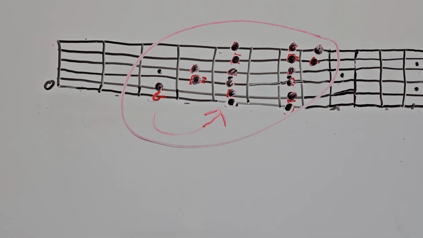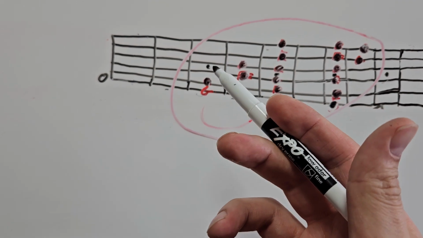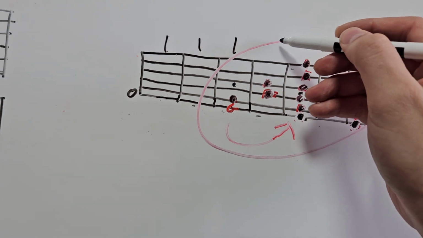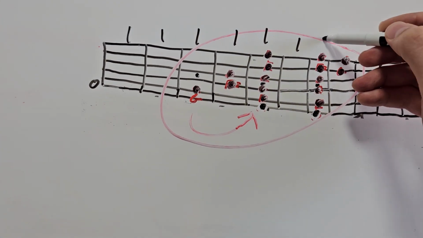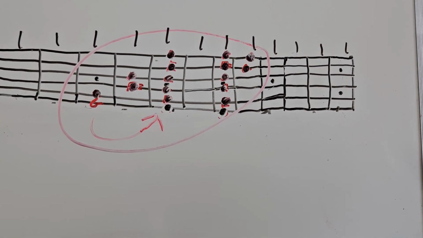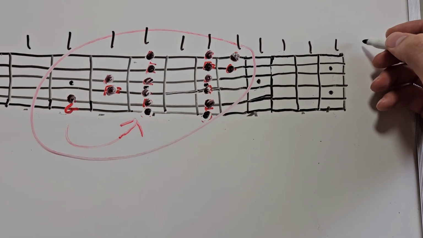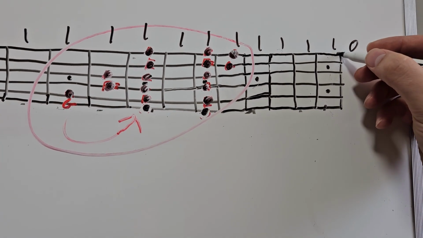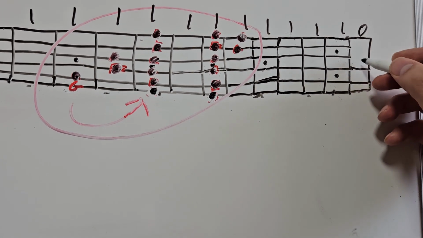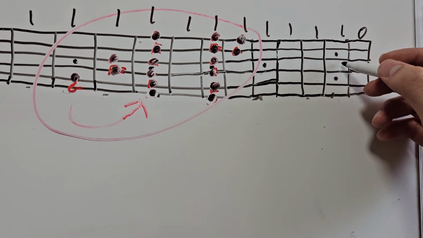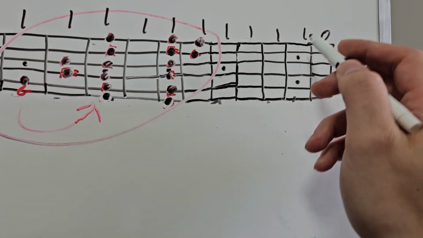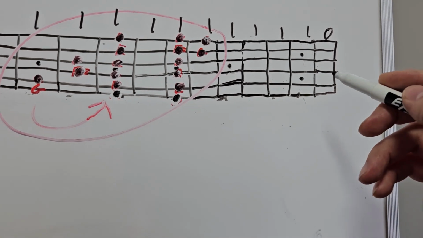If you start from anywhere, you're going to find you get 1, 2, 3, 4, 5, 6, 7, 8, 9, 10, 11, 12 tones. And then it starts again on an octave. So this would be the 13th fret. Basically this 12th fret is like the open string, but one octave up. That's why we got the dots there to mark where the octave is.